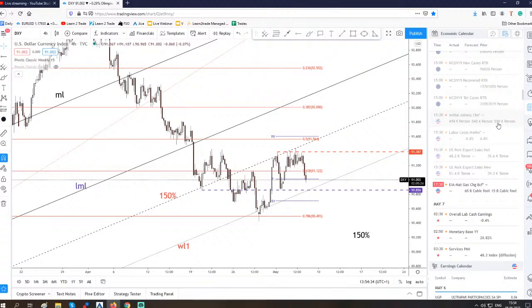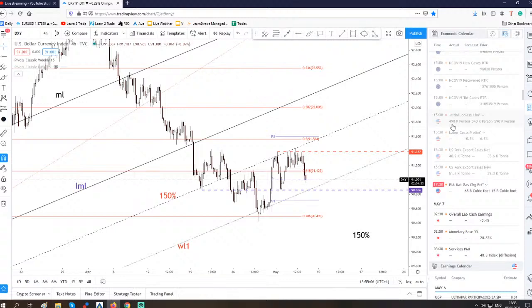The previous was 590,000, and the specialists have expected a further drop here towards 540,000 jobs, and the unemployment claims indicator has reported for the previous week a better than expected number here, 498,000.